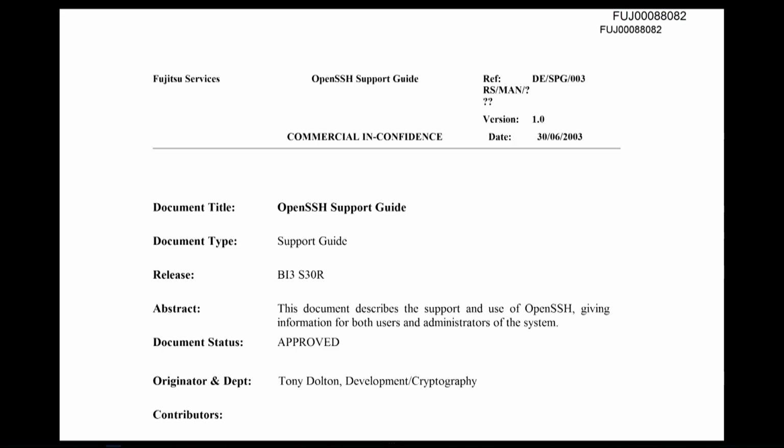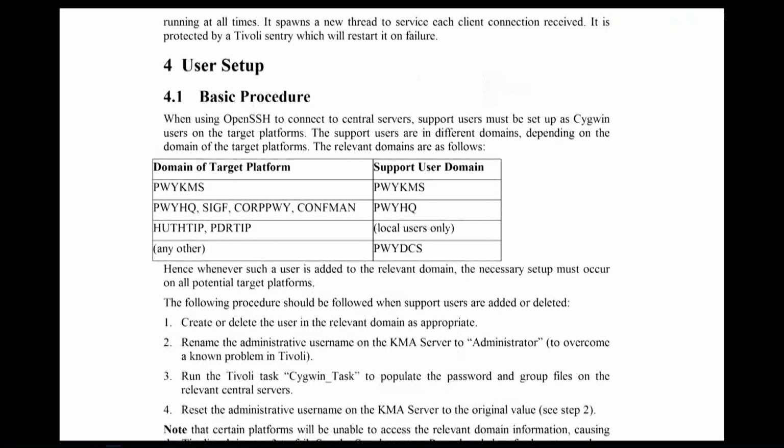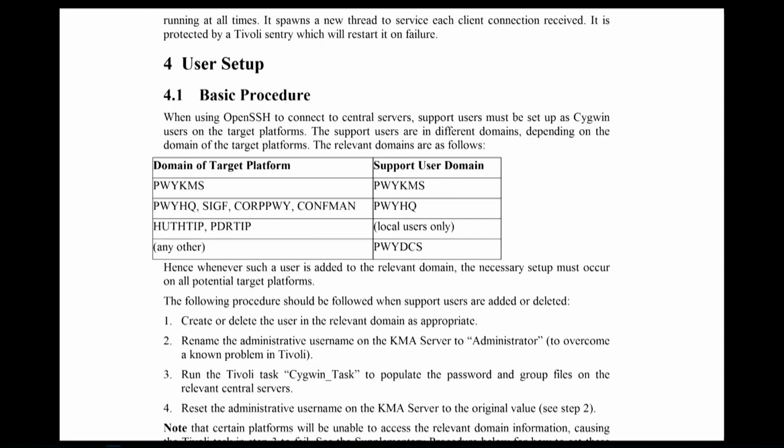And if you turn to page 8, I'm afraid you'll just have to read that quietly to yourself, the basic procedure. That procedure is just talking about creating the users, not the users using the systems.